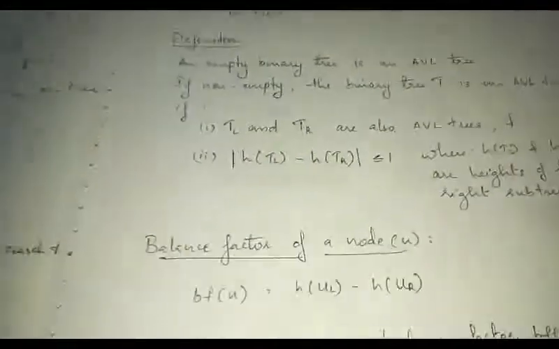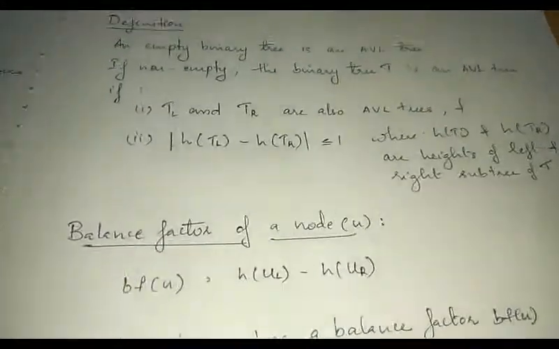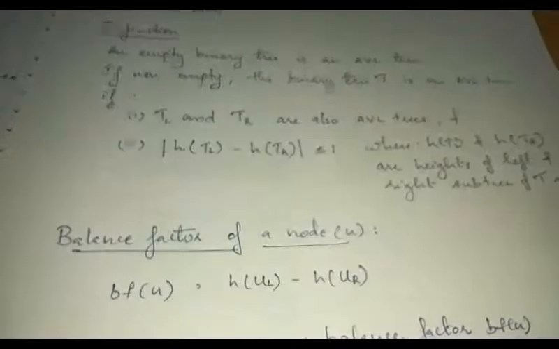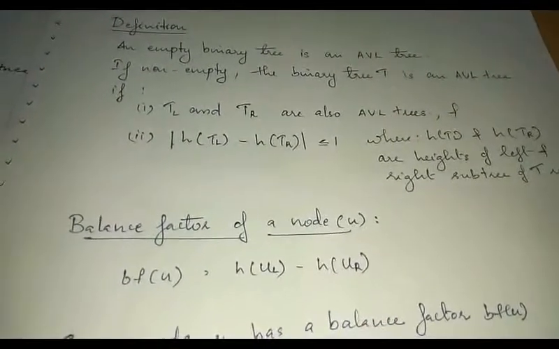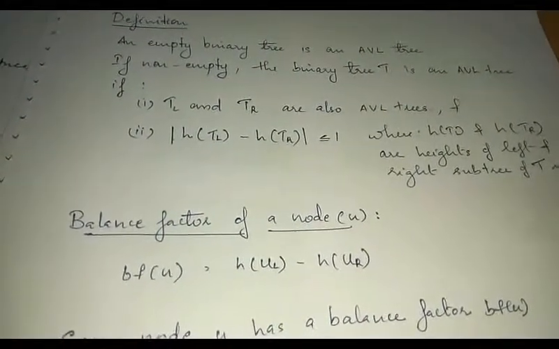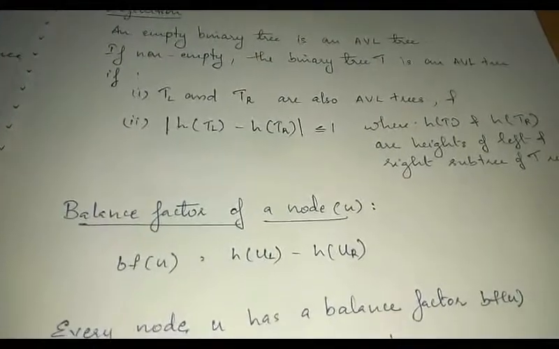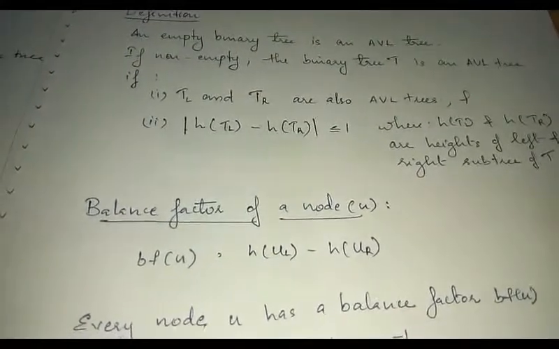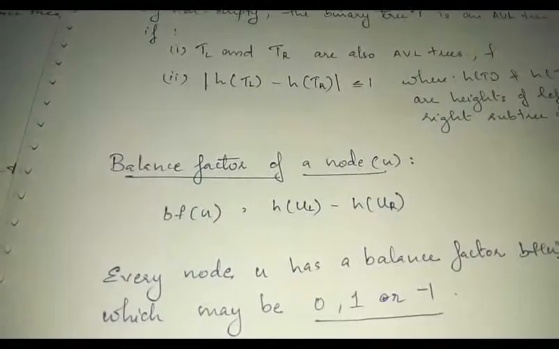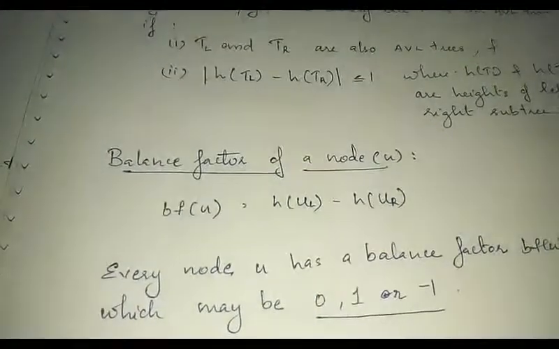Now the heights of the trees, or the height of each node, can be found using a balancing factor. That is, you can say that an AVL tree is balanced by calculating the balancing factor for each node.